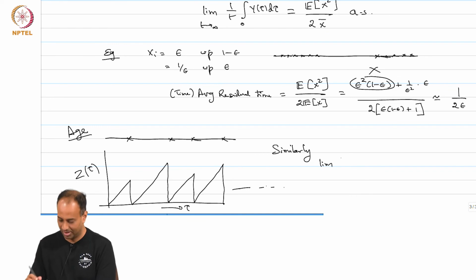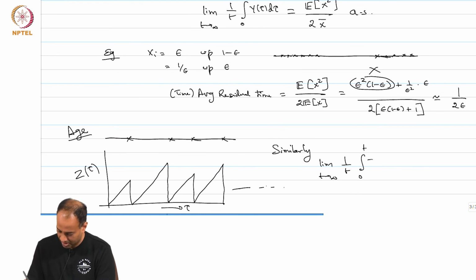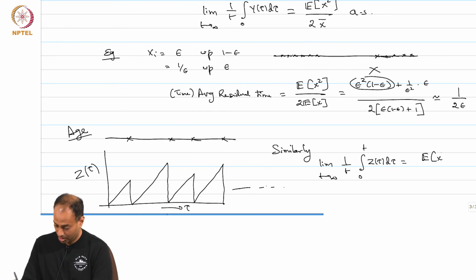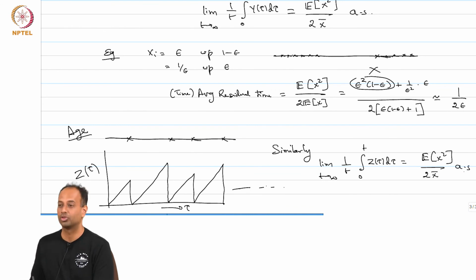Limit t tending to infinity of 1 over t integral 0 to t z tau d tau will be equal to expected x square by 2 x bar almost surely. Symmetric consideration.